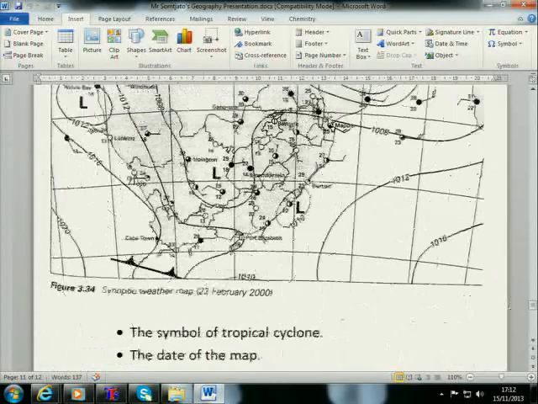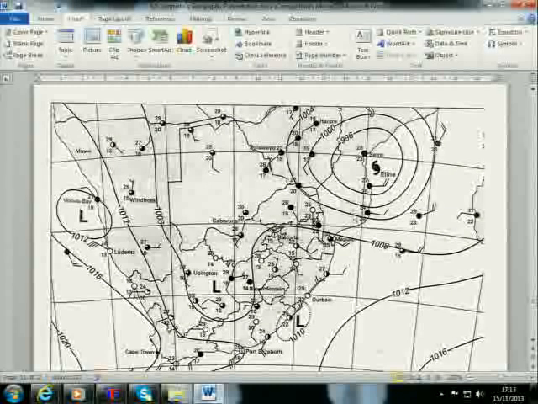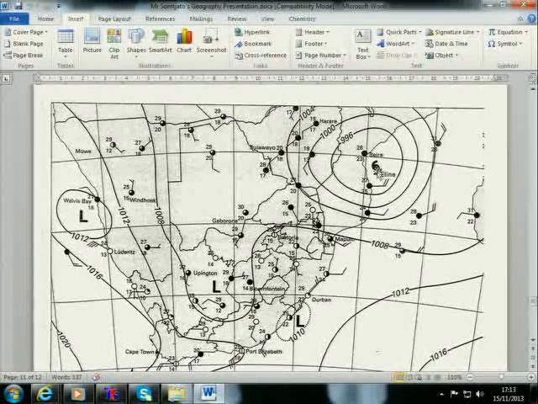One, the symbol of the tropical cyclone. This is the symbol of the tropical cyclone. This is a low pressure cell. It doesn't have a symbol.